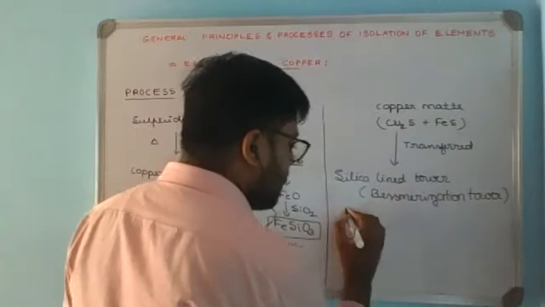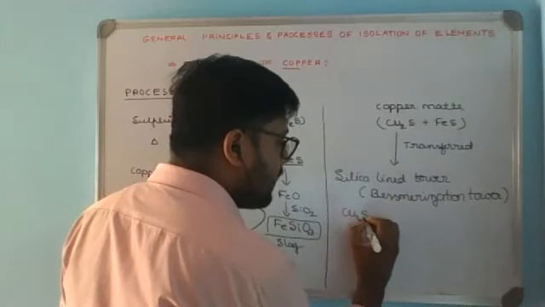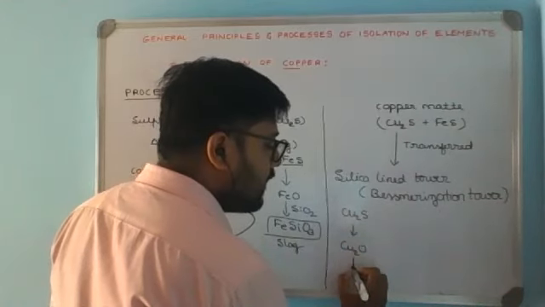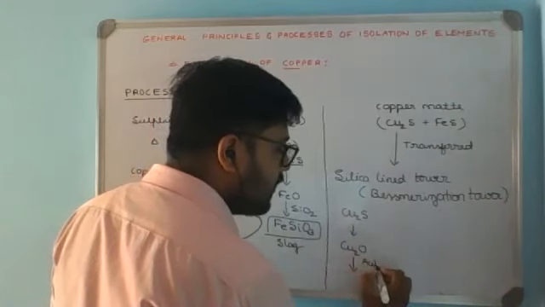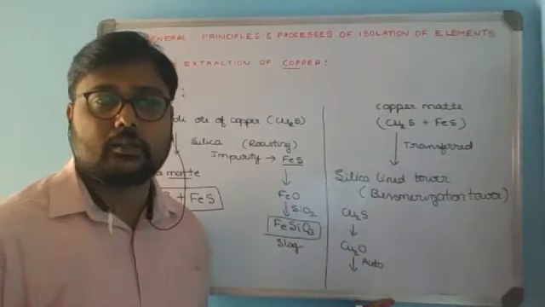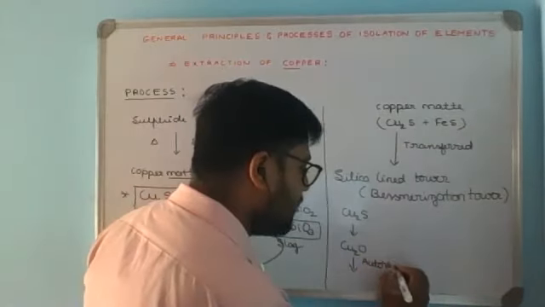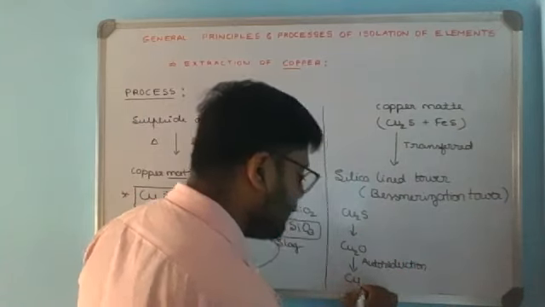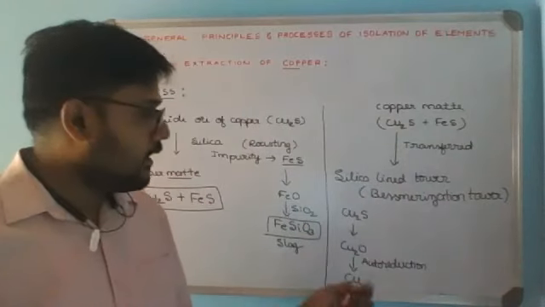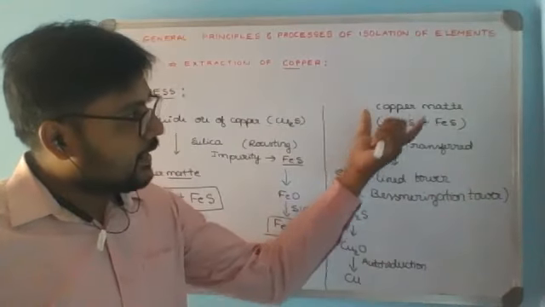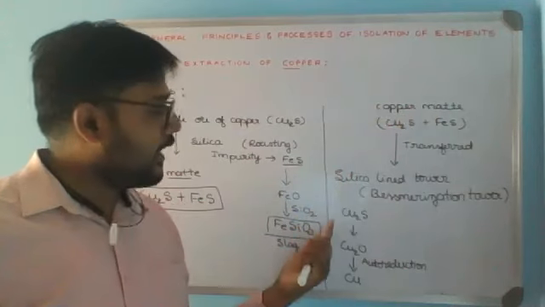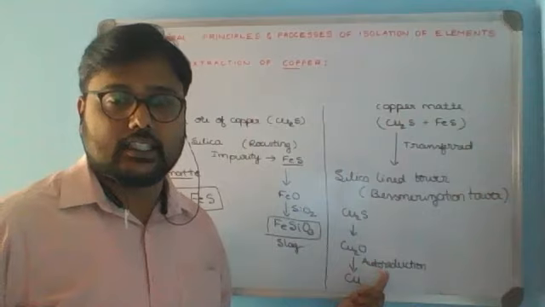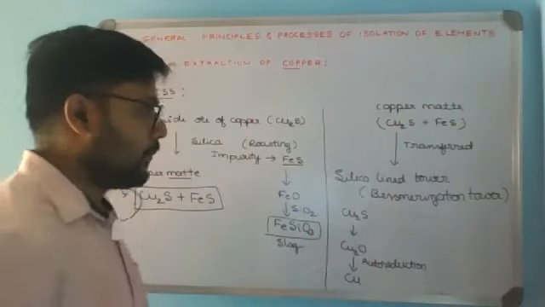In the process, the Cu2S gets oxidized to Cu2O and undergoes auto reduction. We'll learn what auto reduction is with the supporting chemical reaction. With the help of auto reduction, the copper gets reduced. So the Cu2S present in the copper matte gets oxidized to Cu2O, and upon auto reduction, that is self reduction, it is reduced to copper.